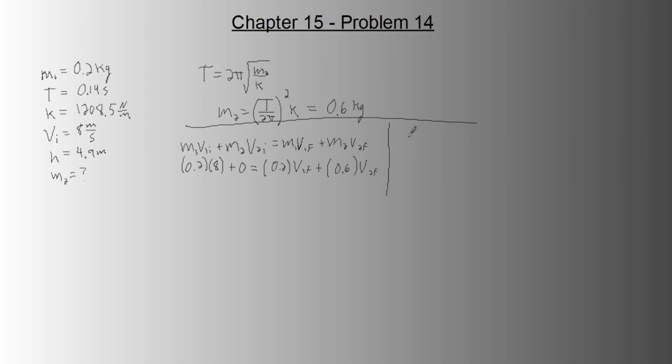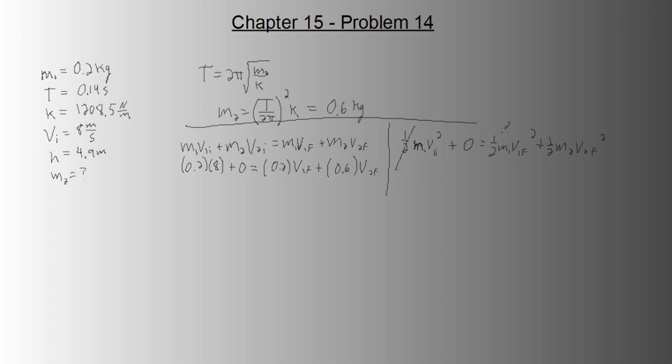Then we have conservation of kinetic energy because it's elastic. So 1/2 M1 V1 squared plus, just to save a little space, I'm just going to make this 0 because M2 starts at rest initially, equals 1/2 M1 V1 final squared plus 1/2 M2 V2 final squared.